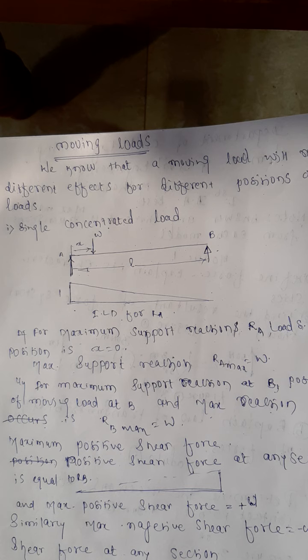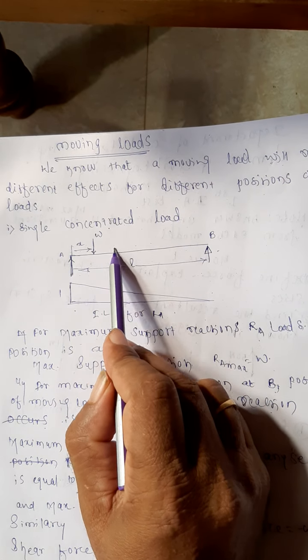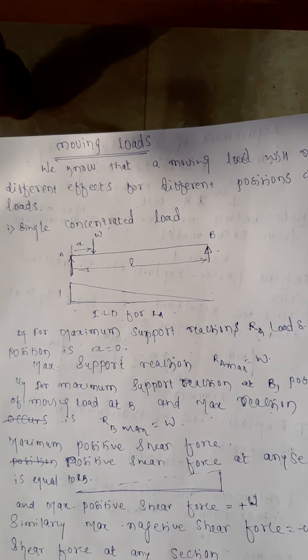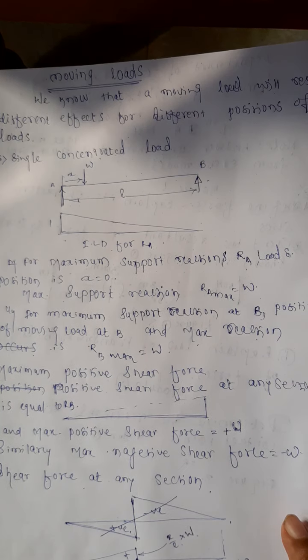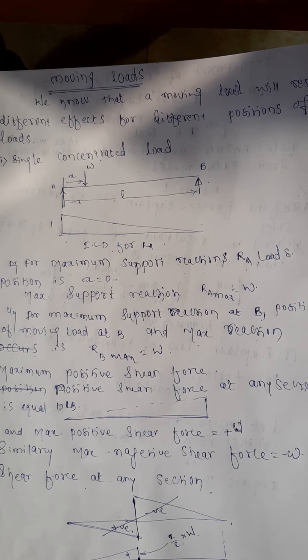Now, coming to the shear force. We know that whenever the load is moving, we already proved that the shear force at any section is given by, when the unit load is moving, the value of shear force at any section is given by.